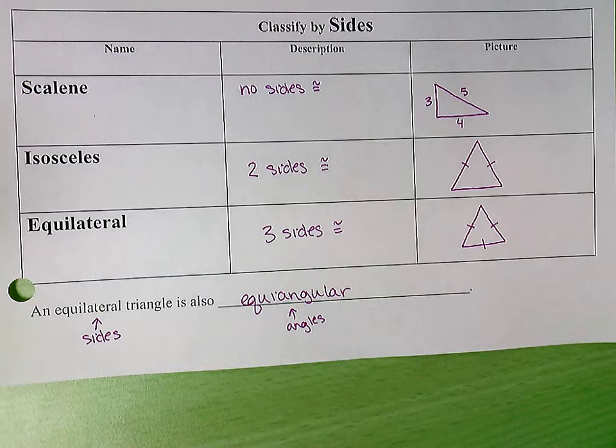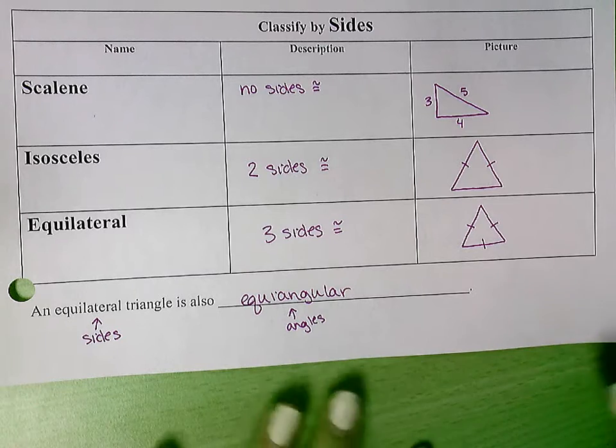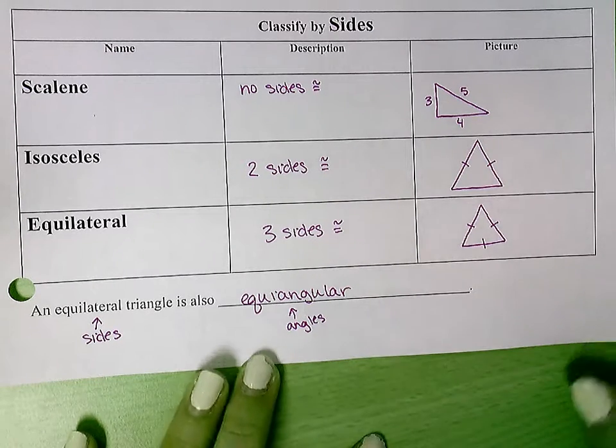So if it is equilateral, it has to be equiangular, and vice versa. It can't be equilateral and a right triangle. It's not possible. Can't be equilateral and an acute triangle. Well, that is kind of possible, but it's also equiangular. Okay? Questions on classifying by sides?